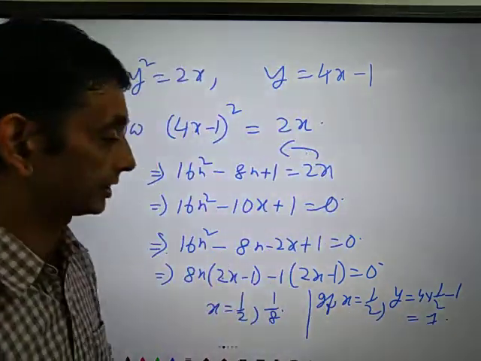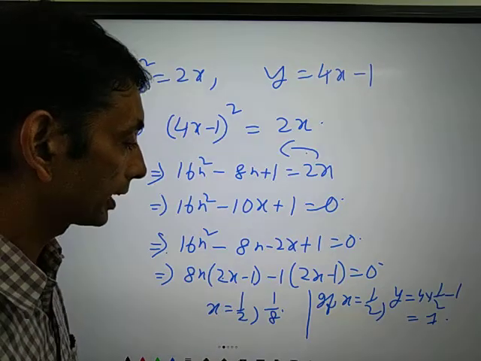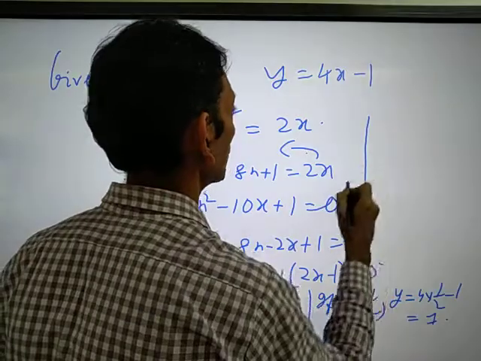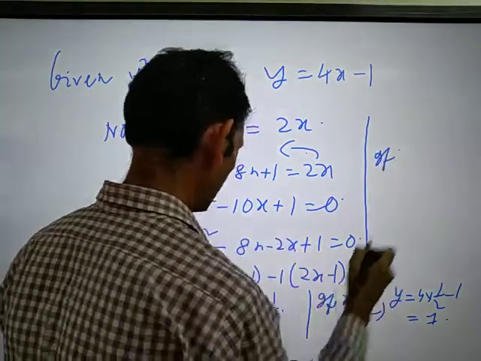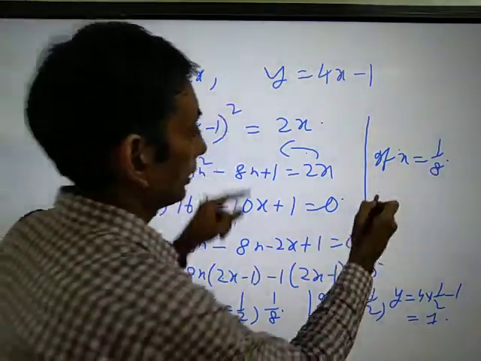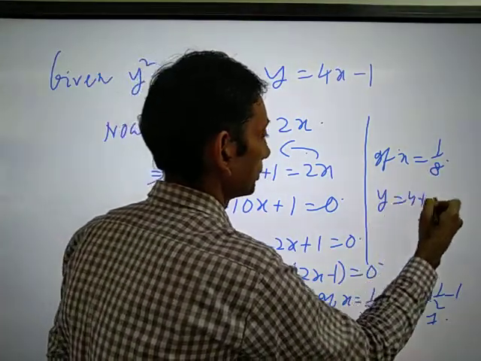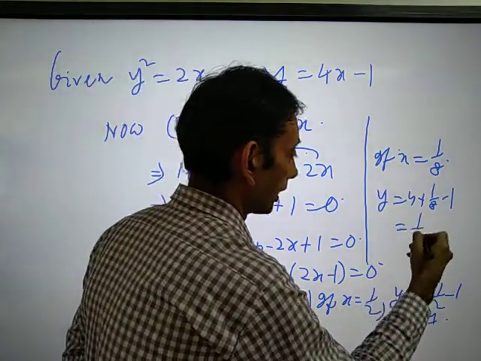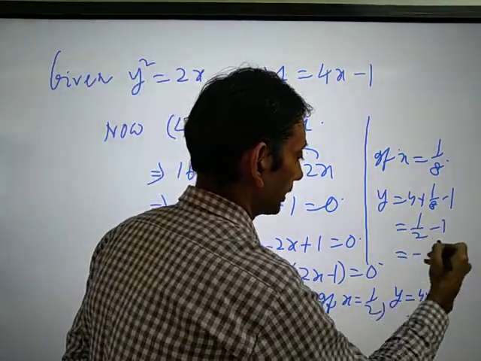So we got x is equal to half and y is equal to 1. Similarly, if x is equal to 1 by 8, then y is equal to 4 into 1 by 8 minus 1, which gives half minus 1, that is minus half.